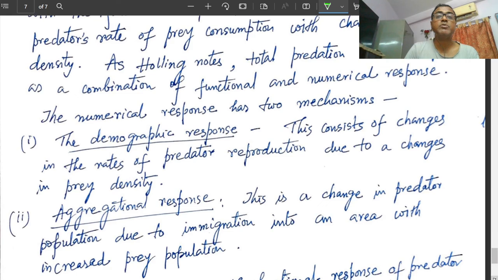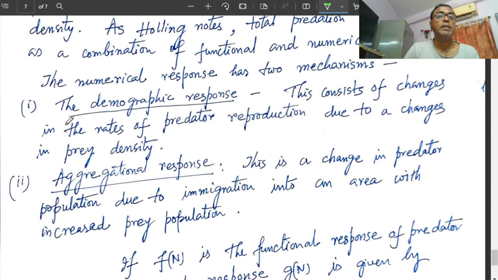The numerical response has two mechanisms. The demographic response consists of changes in the rates of predator reproduction due to changes in prey density. And this type of response we can see later on, in the Lotka-Volterra model.